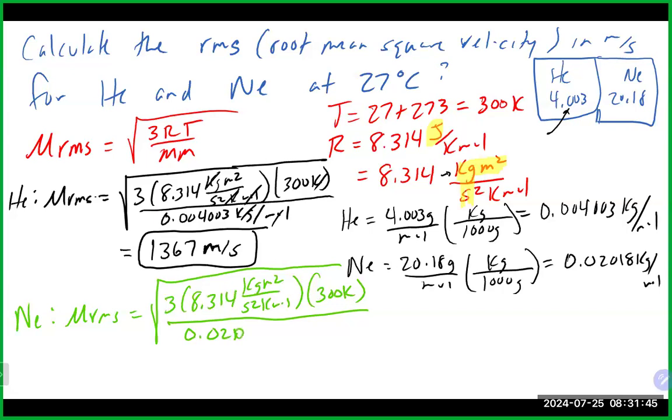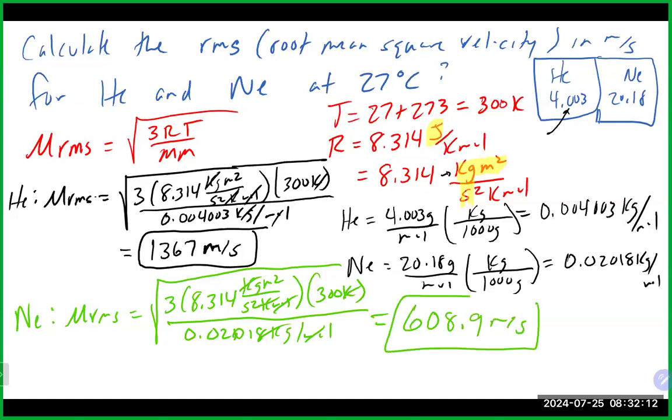So 0.02018 kilograms per mole. Once again, moles cancel, Kelvin cancel, kilograms cancel. And that's going to get us something like, about, we'll call it 608.9 meters per second.